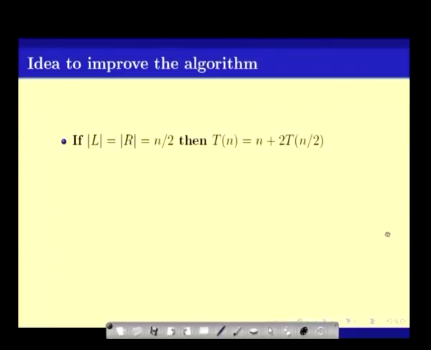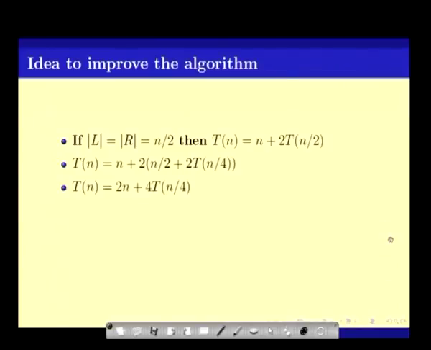In that case, we can break it up once again: T(n) is n plus 2 times n over 2 plus twice T(n over 4), which is T(n) equals 2n plus 4 times T(n over 4).